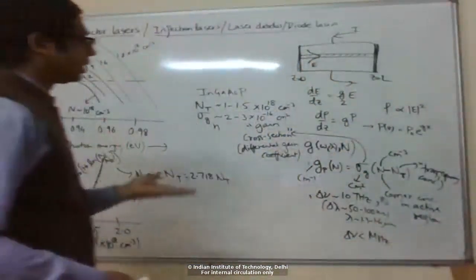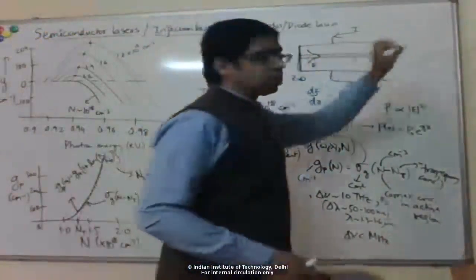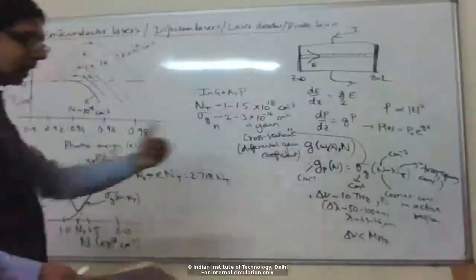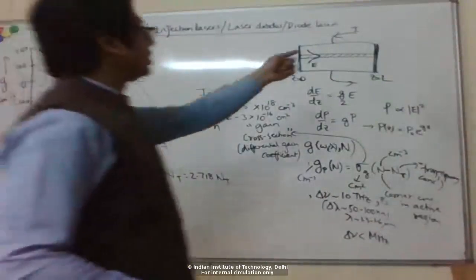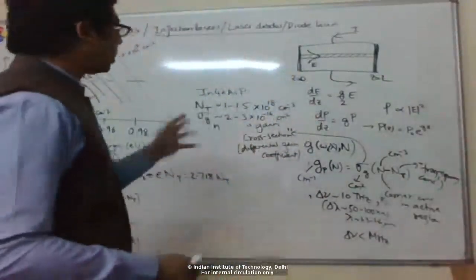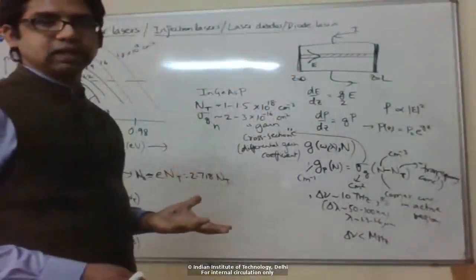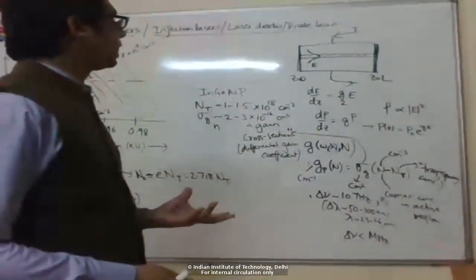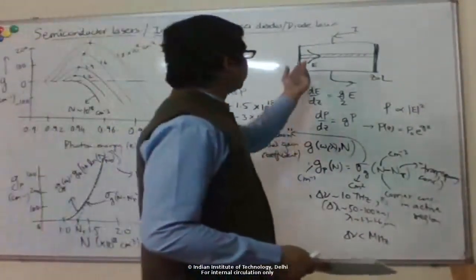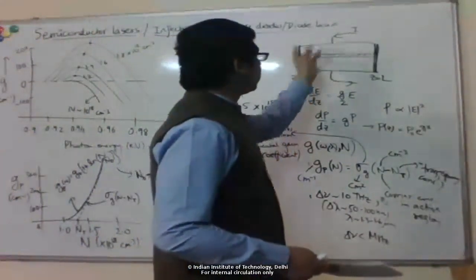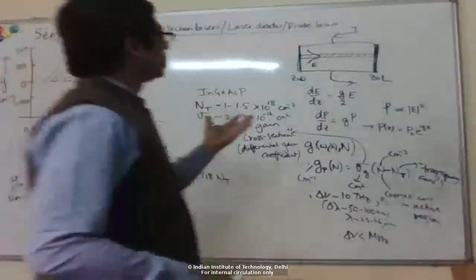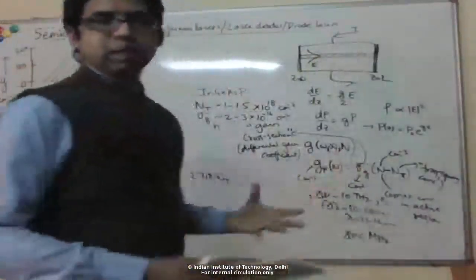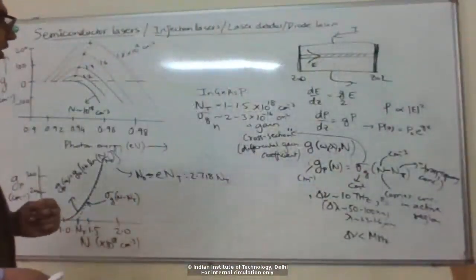beyond which you get a very strong light output. So you can imagine that up until this threshold current, the device is mostly operating like an LED, where your stimulated emission is still not dominant over your other losses, and the light coming out is just randomly emitted spontaneous emission events.